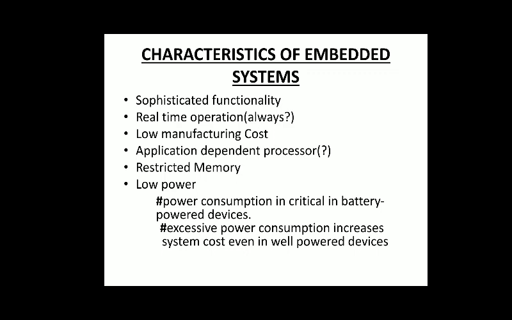Then we have application dependent processors. Other than general purpose processors, we have application dependent processors which are made exclusively for certain applications. Next we have restricted memory. Memory is very important in designing embedded systems, because memory costs more money, and a lot of memory would not be economic.